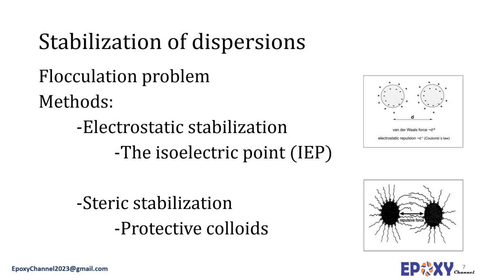The other type of stabilization is steric stabilization. Here, the colloids are stabilized by adding water-soluble polymers, for example, protective colloids such as polyvinyl alcohol. In this type of stabilization, the system is insensitive to the addition of electrolytes.